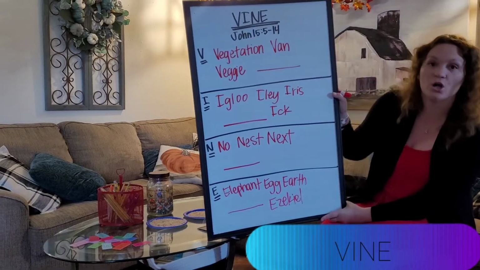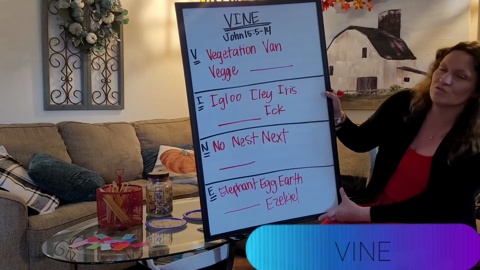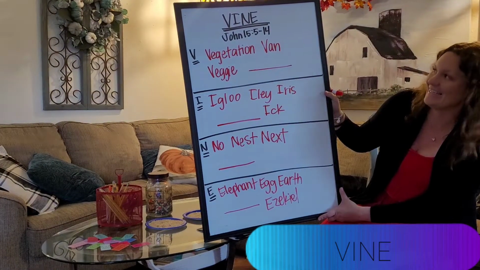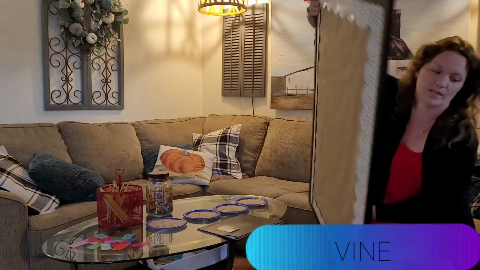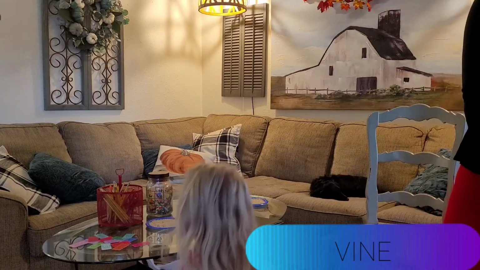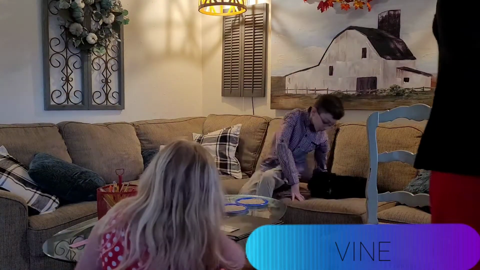All right, so there are all our words for today that start with our letters from the word vine. Opal, you want to come make it out of those letters and put it on our board? Yes, please. So what does it start with?